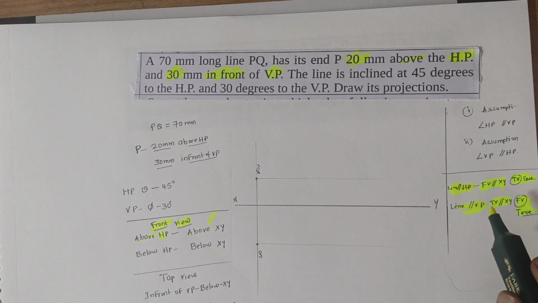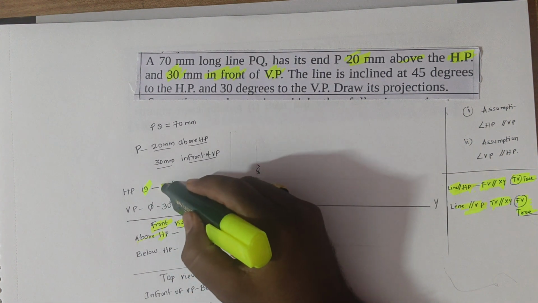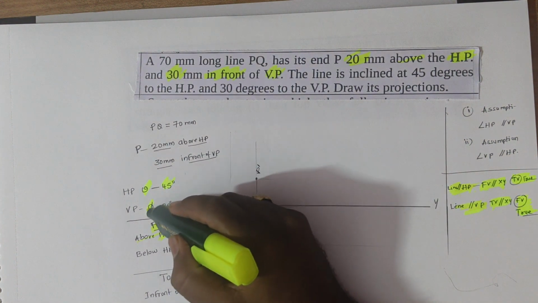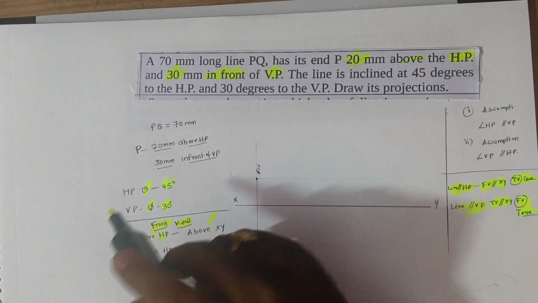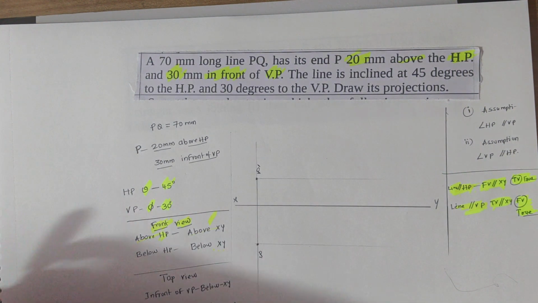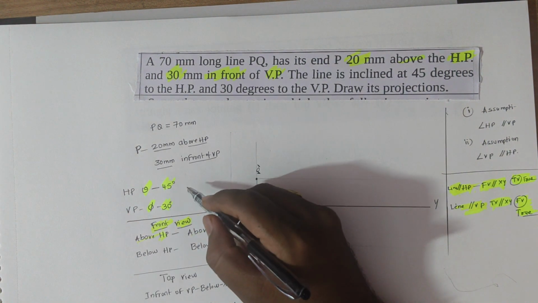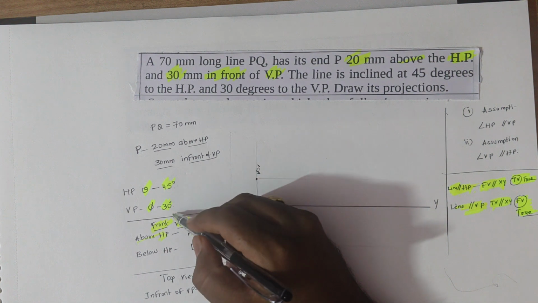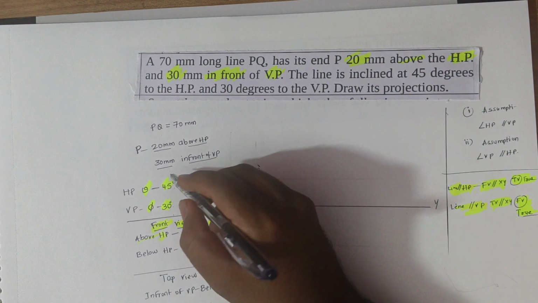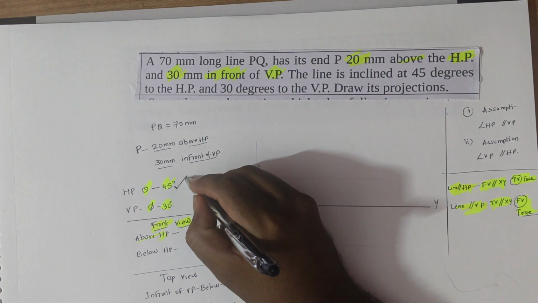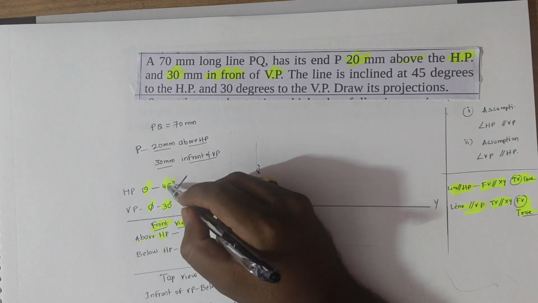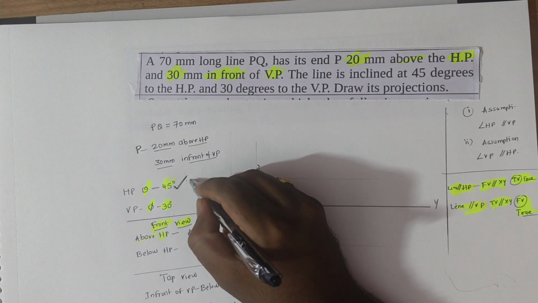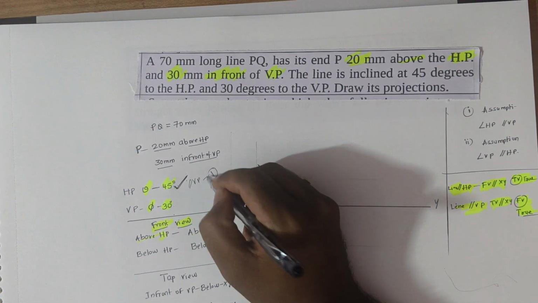Now they mentioned the horizontal inclination is 45 degrees and the vertical plane inclination is 30 degrees, and it is impossible to draw the projections by considering both of them at a time. So to solve the problem, for time being, I am going to assume the inclination with HP is 45 degrees but parallel to the VP as my first condition.